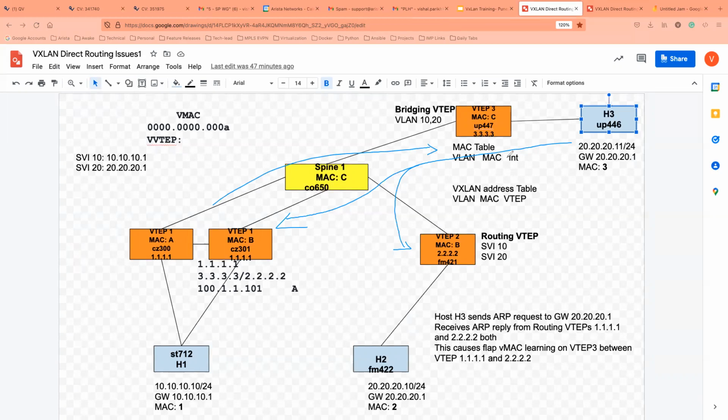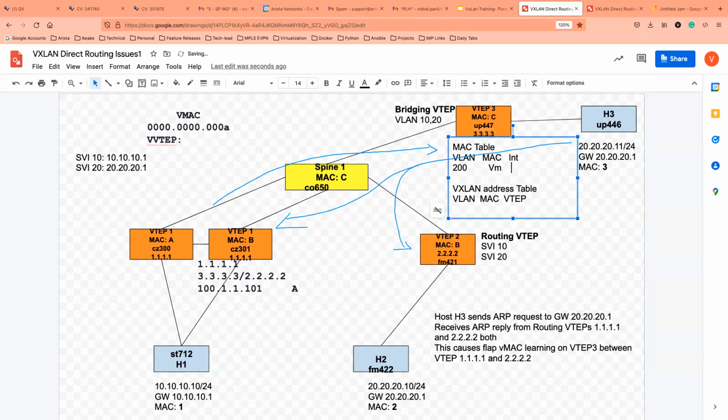Can you tell me what will be the MAC and VXLAN address table update? MAC will be the VMAC, and the VLAN is 200. Let's say VM, keep it VM.